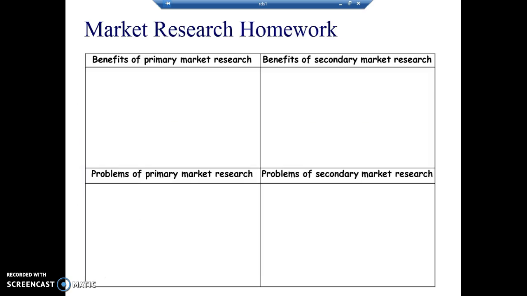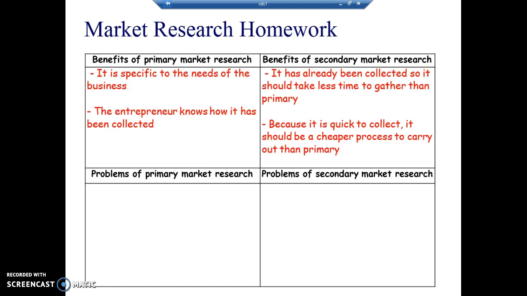So this is what I set for my class for homework. Benefits of primary market research, benefits of secondary market research, problems with primary, problems with secondary market research. So here are the benefits of both of them, apart from the general benefits, finding out about your customers and what they want. The benefits of primary market research as opposed to secondary are that it is very specific to the needs of the business.